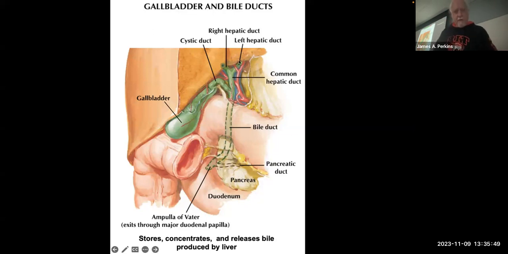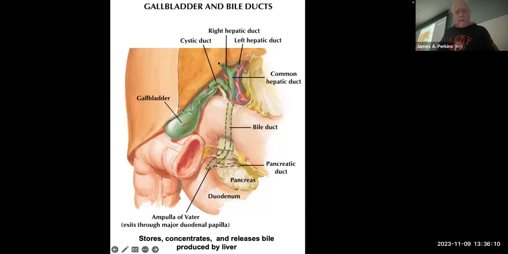That bile is going to flow down through the common hepatic duct. And most of the time, that bile is then going to make a little detour, travel through what's called the cystic duct, which then leads into the gallbladder, which is attached to the visceral surface of the liver.